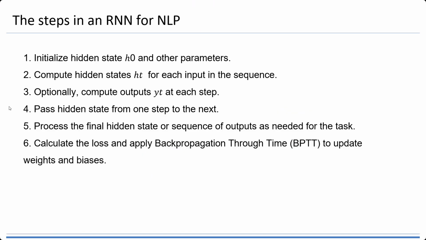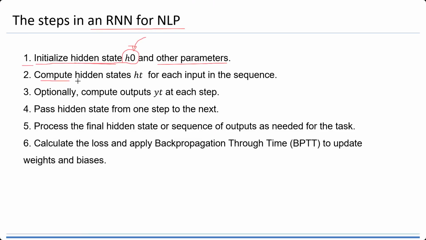So these are the steps in an RNN for the NLP. First, we need to initialize the hidden state, H0, and other parameters. When you see the figures before, we have the H0, the initial hidden state.